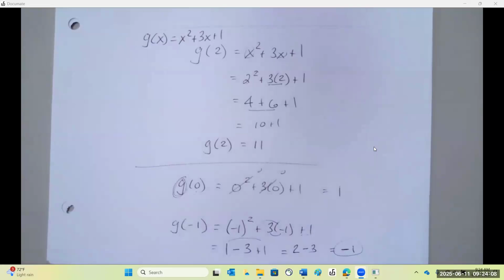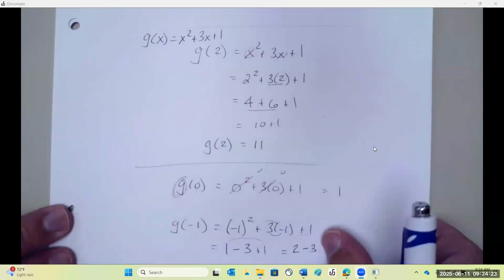So this is how we use functions. This is how most of mathematics deals with equations. We don't deal with y equals or anything equals. We say f of x, g of x, h of x. You can give it any name you want to. I'll show you.